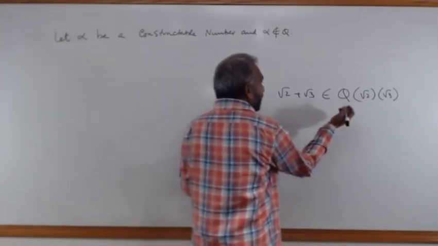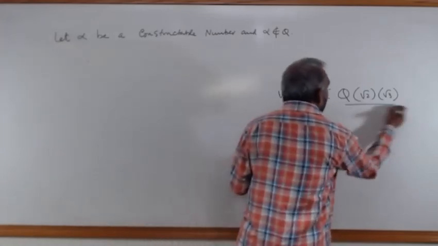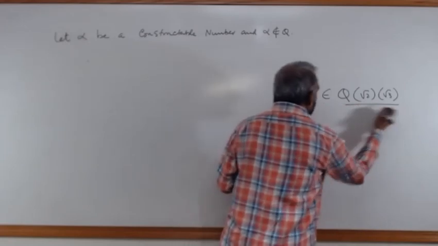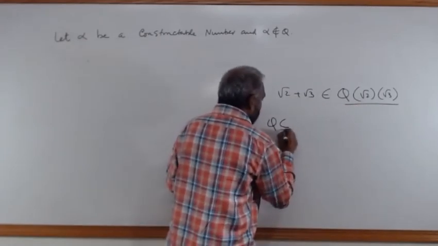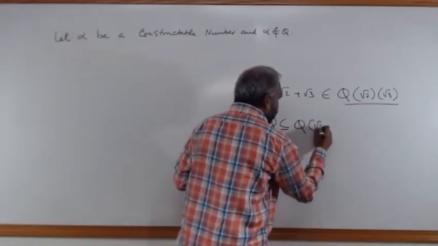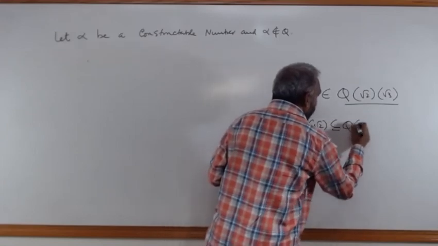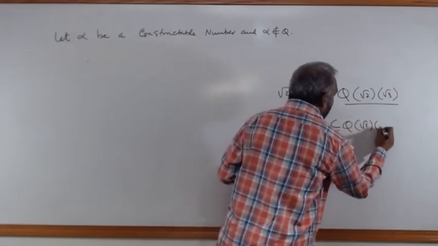And we can write this as Q of root 2, then Q of root 2 of root 3.